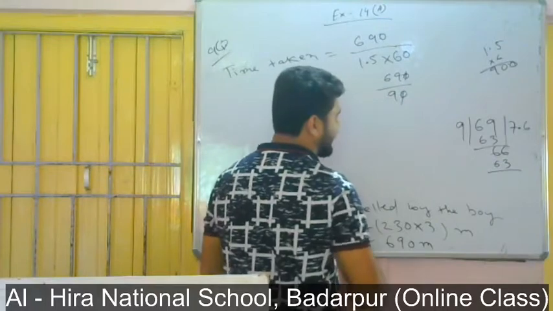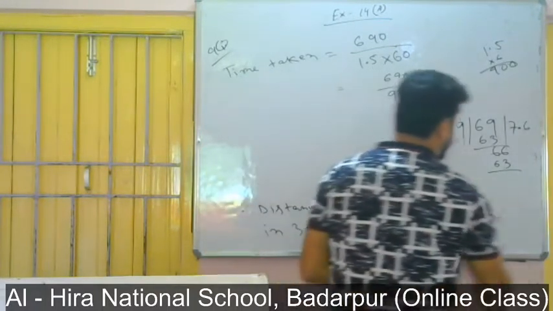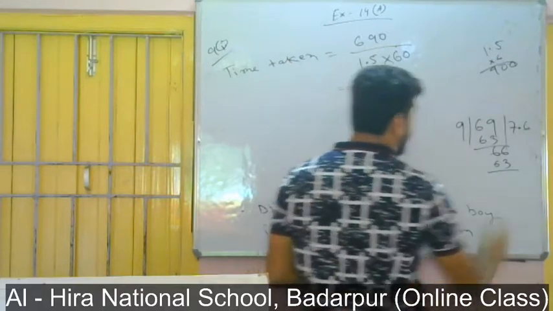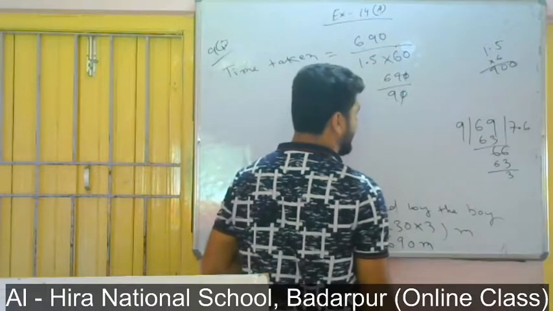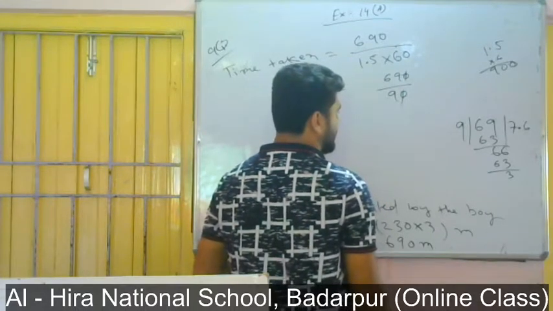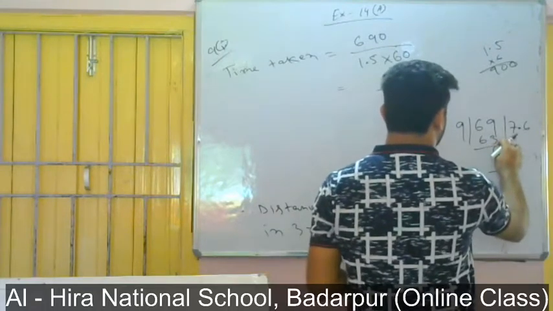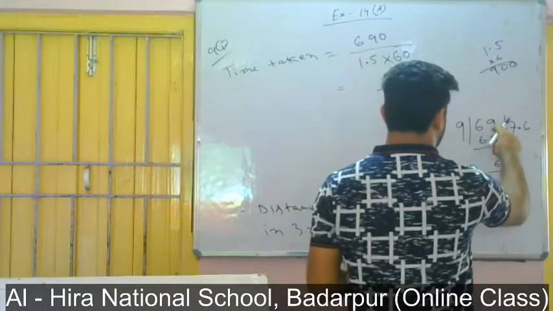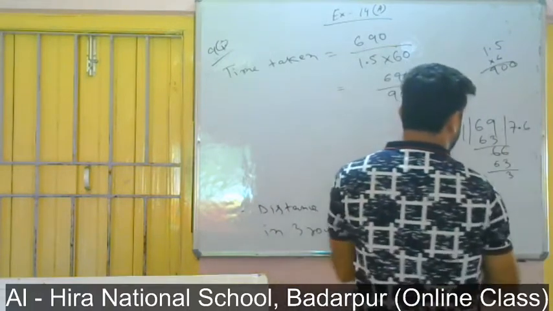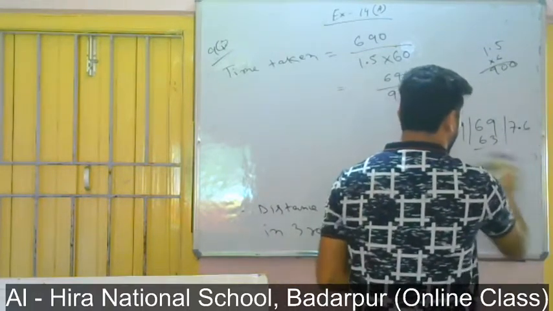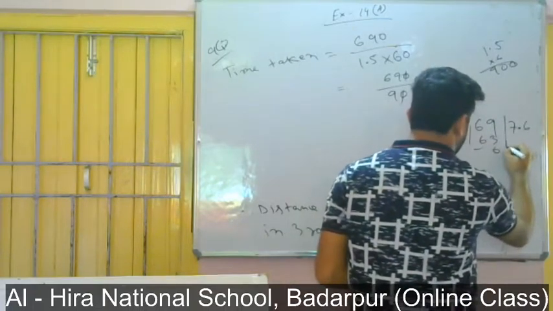So again we'll get 3. Nine minus 3, 6. Okay.